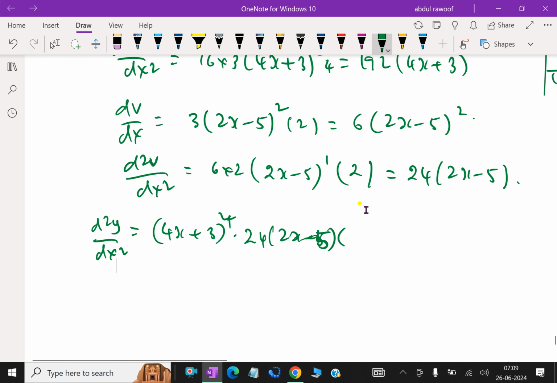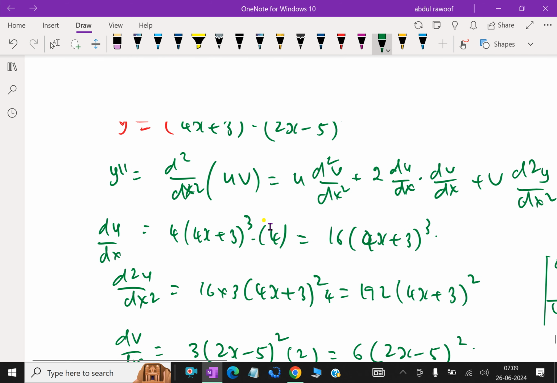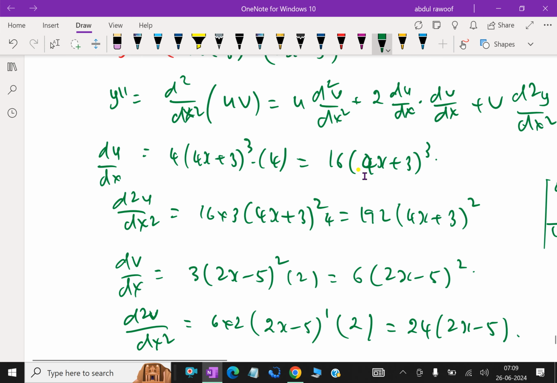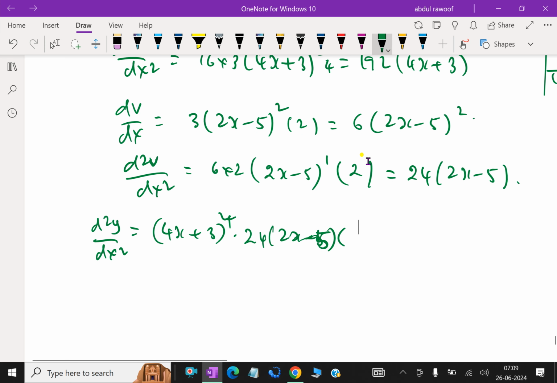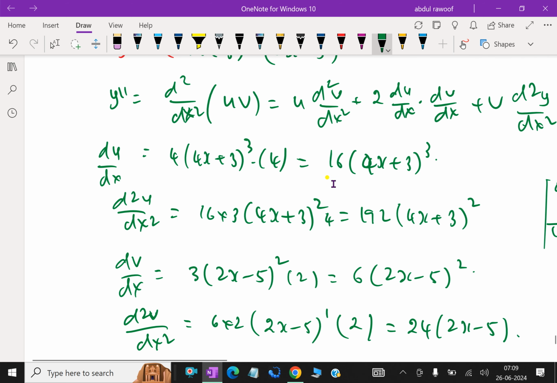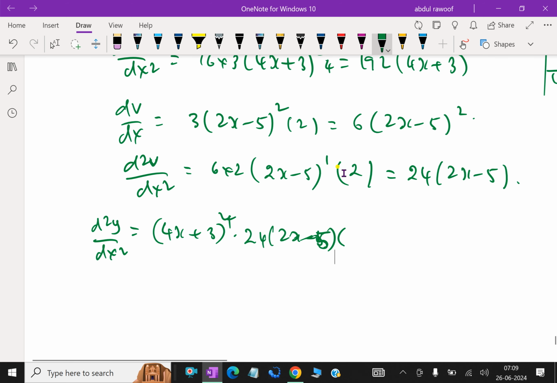Then here 2 into du by dx, 2 into 16, du by dx is 16 into 4x plus 3 cube.